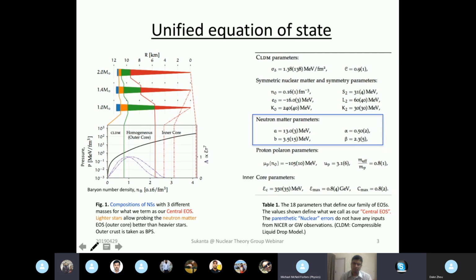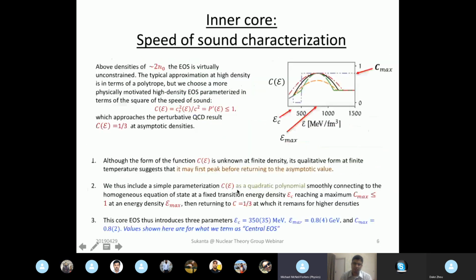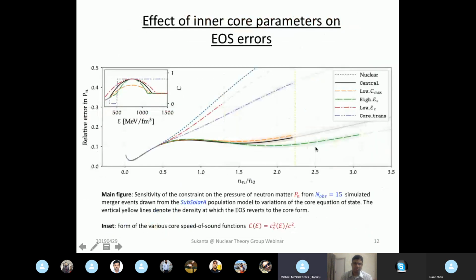So if you go to the slide with the core equation of state parameters and the constraints, keep going. So the one with the constraints. So the answer to your second question, the green line at the very bottom corresponds to a high transition point. And so that corresponds to deferring the transition to this speed of sound core parameterization to a much higher density, above 3 times saturation.